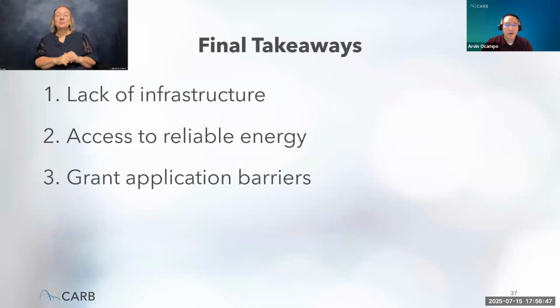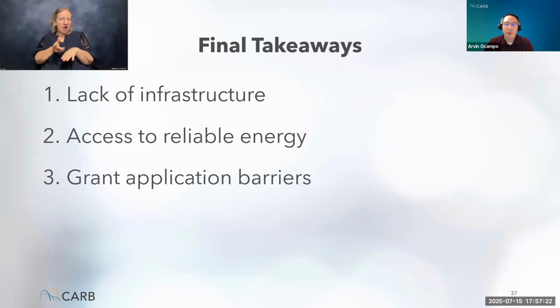So based on conversations with each tribal organization during the tour, we identified 3 key takeaways: lack of infrastructure, limited access to reliable energy, and barriers in grant application processes. Lack of infrastructure. Tribal communities are often located in remote areas, making them heavily reliant on personal vehicles for transportation. The lack of paved roads further limits their options to vehicles capable of handling rough terrain, such as 4-wheel drive vehicles.